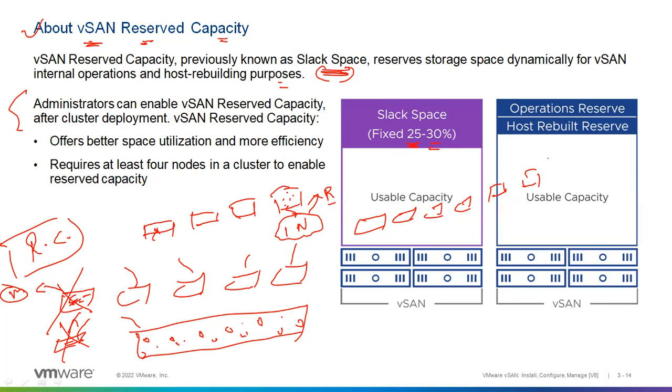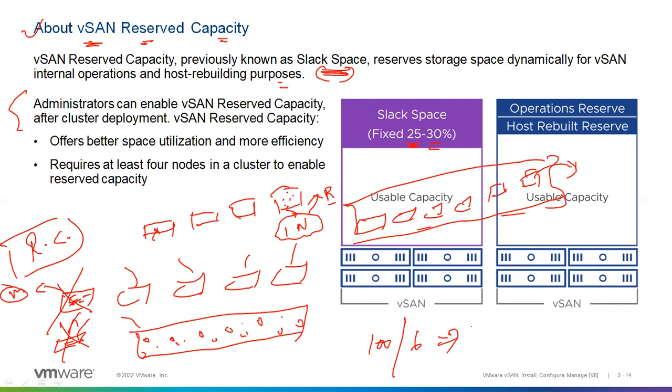Simple. Just consider these 6 nodes as my 100%. Out of that, how much will 1 node's capacity be? You just divide 100 by 6, approximately 16.6%.